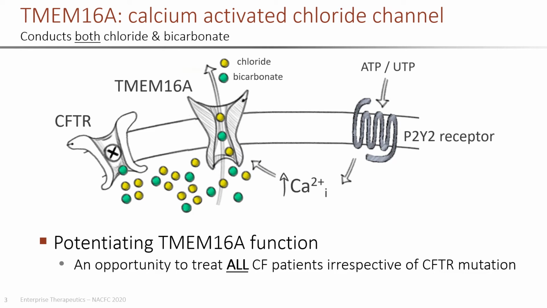So, as I said, TMEM16A is a calcium-activated chloride channel, but is able to conduct both chloride and bicarbonate ions. When calcium becomes elevated in the airway epithelium following, for example, stimulation of the P2Y2 receptor with endogenously produced ATP or UTP, it leads to opening of the channel and the flux of both of these anions.